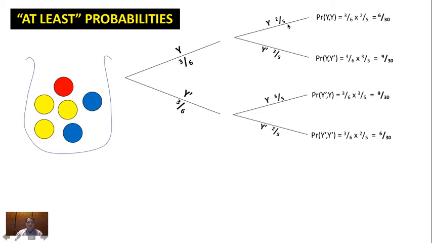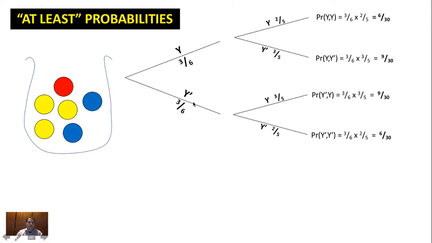Then on the second level, because it's without replacement and we've taken one out, if we took a yellow first, the probability of a yellow then becomes 2/5, and not a yellow becomes 3/5, because there would only be 2 yellows and 3 non-yellows out of 5 left in the bag.